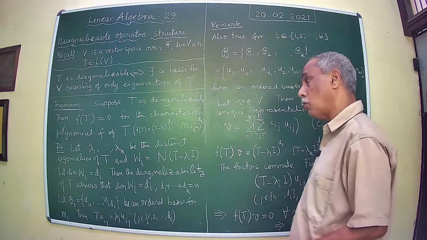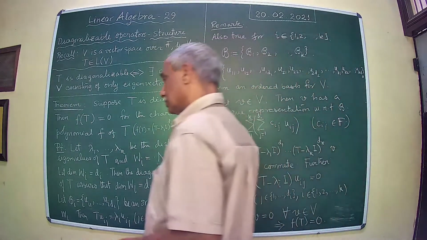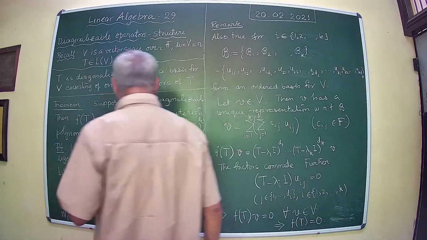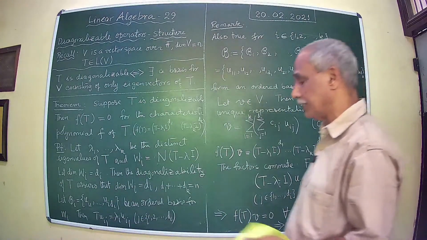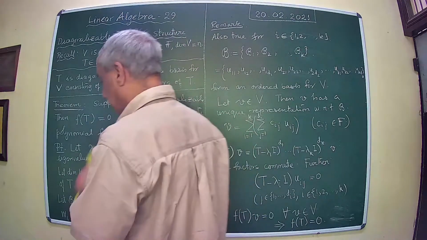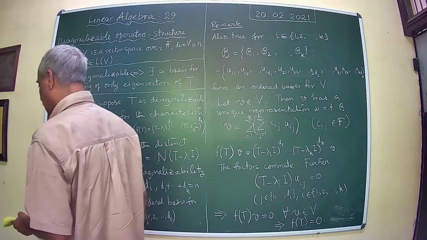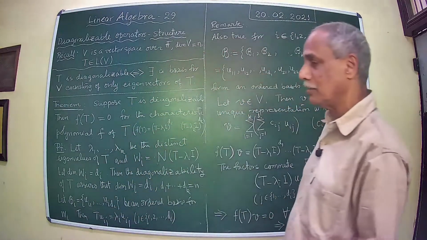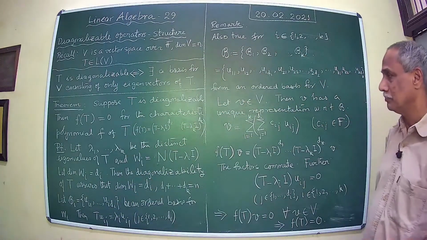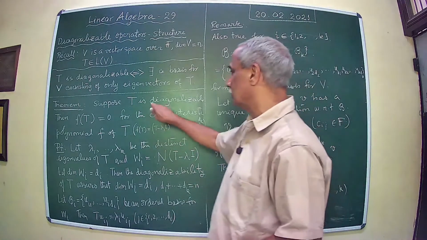In fact, for all T belonging to L(V), one can prove that f(T) equal to 0 for the characteristic polynomial f of T. Okay, this theorem is valid without this assumption.